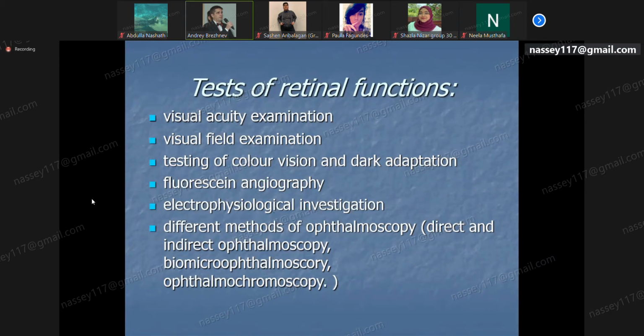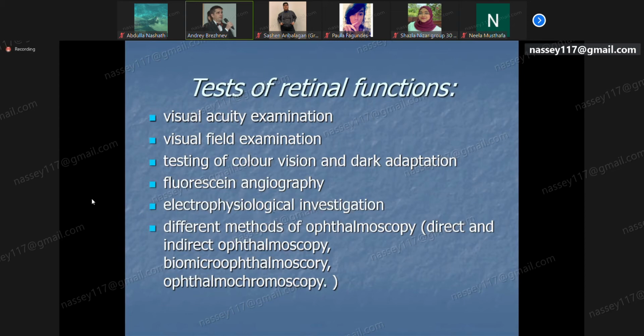Different methods of ophthalmoscopy are widely used in case of retinal disorders. Direct and indirect ophthalmoscopy, biomicroophthalmoscopy, ophthalmochromoscopy. In biomicroophthalmoscopy, we use special lenses additional to the slit lamp examination to see the retina binocularly. In ophthalmochromoscopy, we use different types of light, different colors of light, green, red, white, to examine the retina.